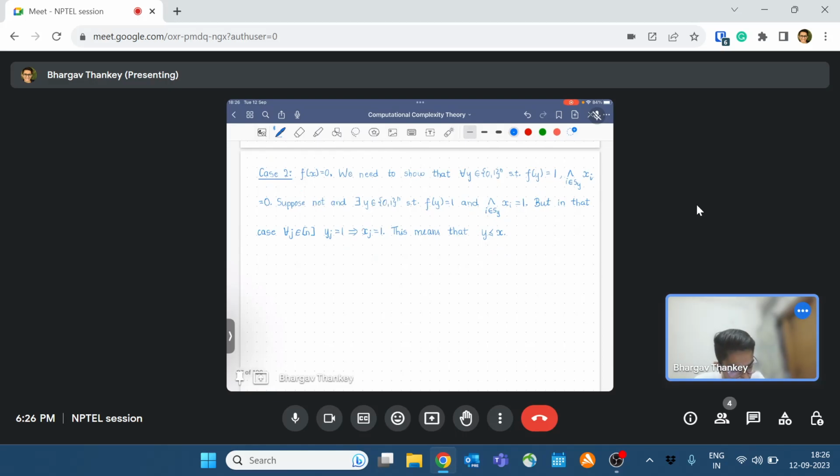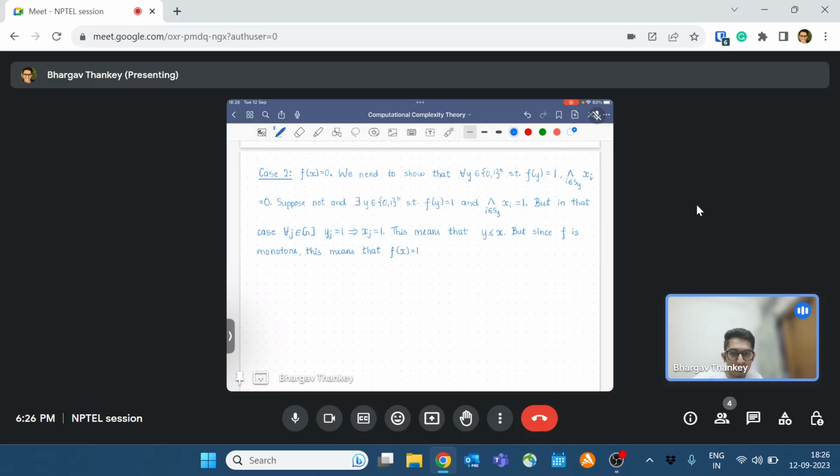But since f is monotone, this means that f of x equals 1.